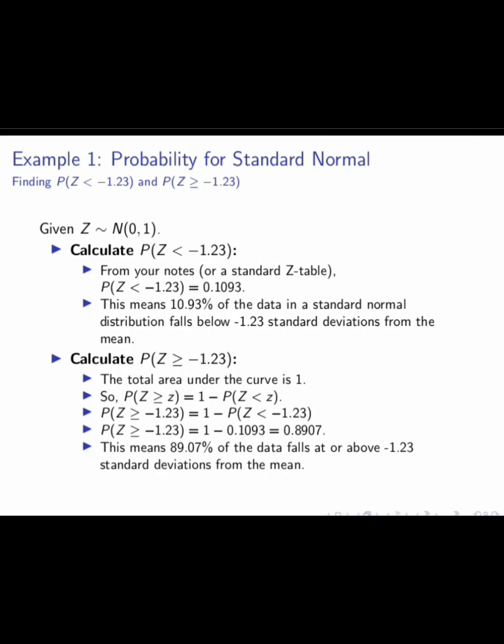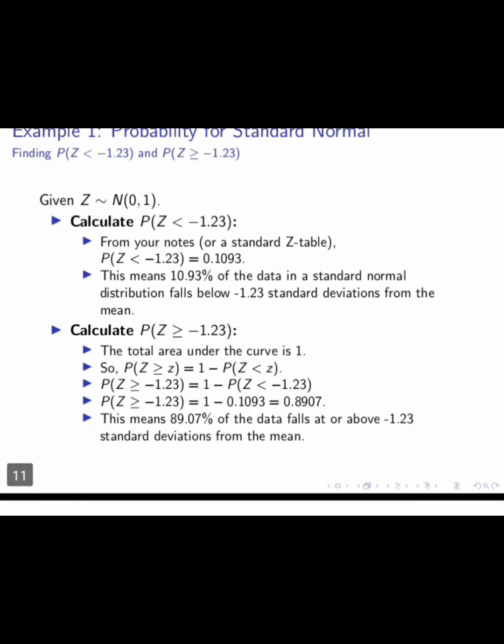So at the end of this video, I'm going to show you the graph of how we got 0.1093. You must watch this video to the end to see how we got it. Are you getting it?